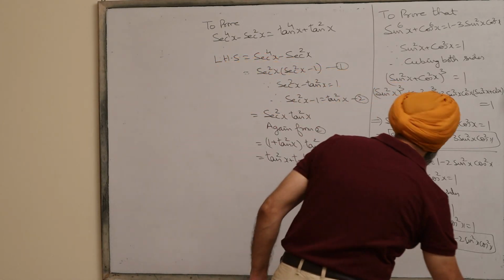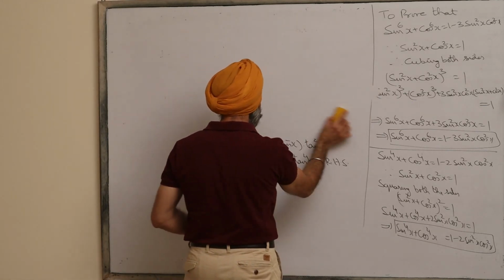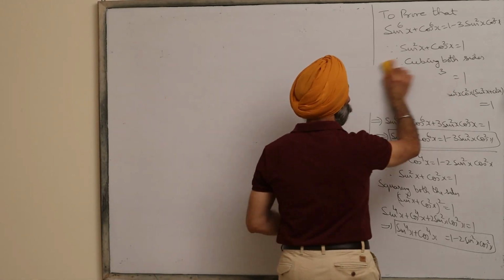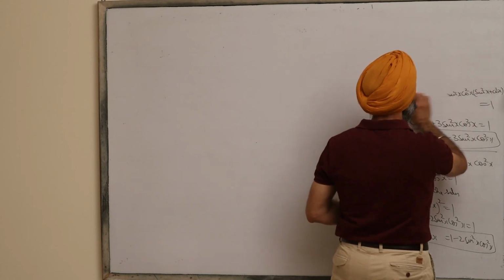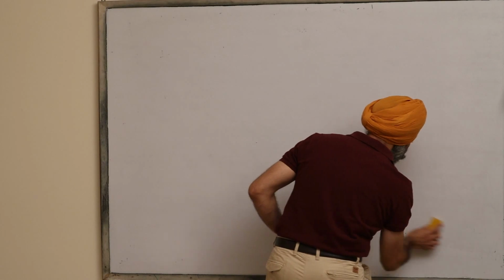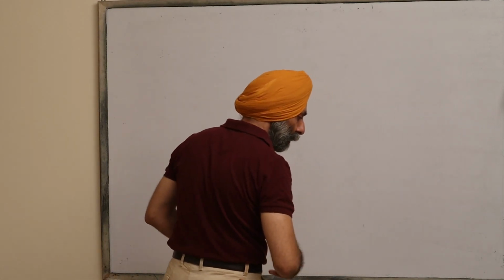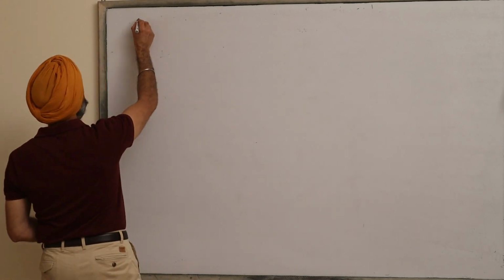Now, next question is tan x over 1 minus cot x.